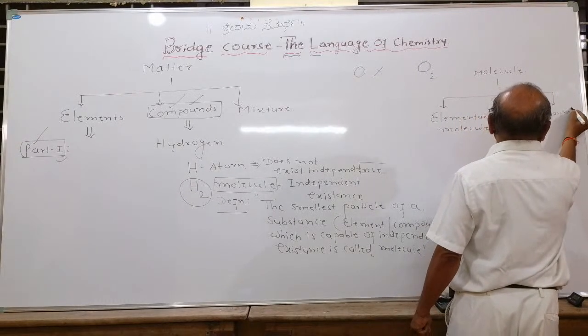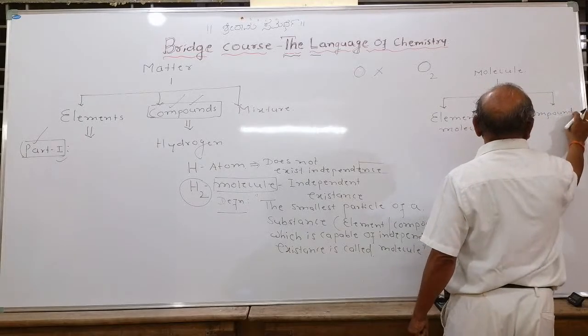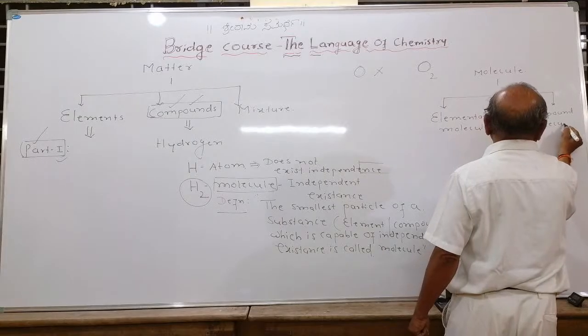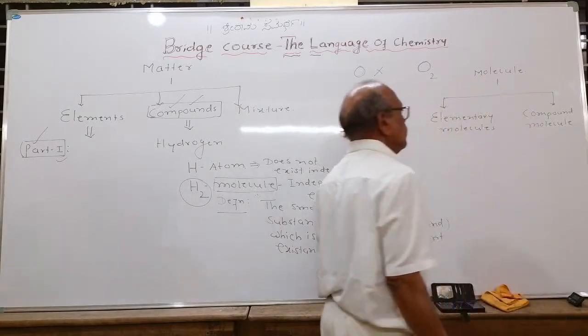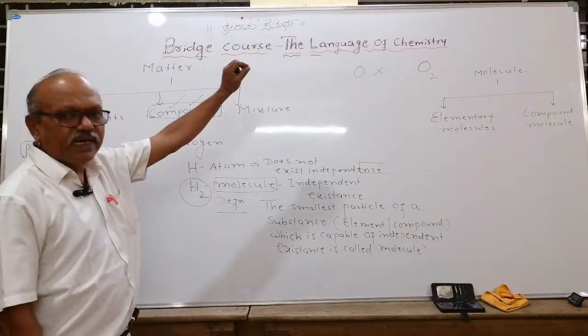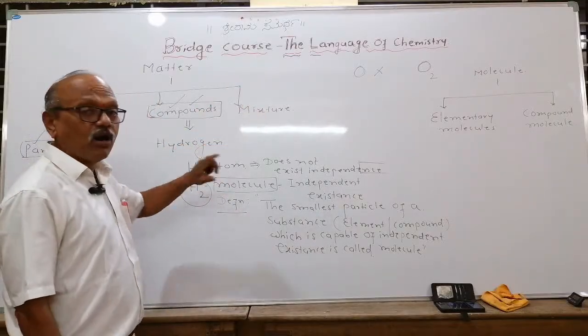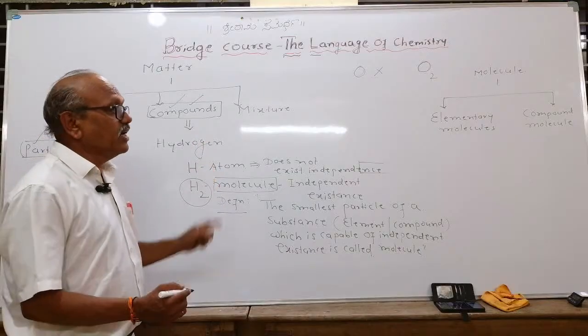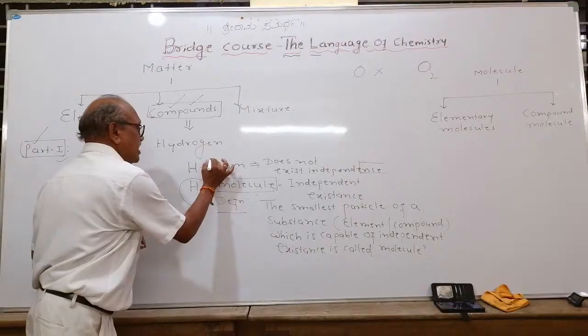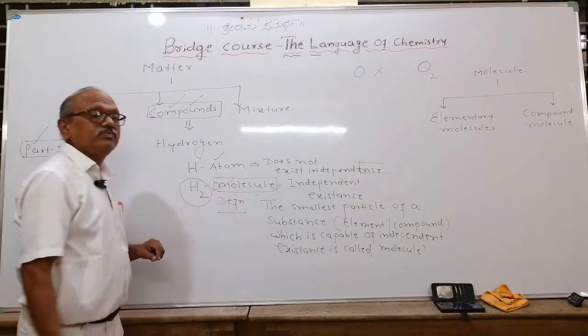Note down, I am teaching you in depth. Compound molecules will help you later in 11th standard. Step by step, in depth, in detail, I will teach you. Half knowledge is always dangerous. Try to take a complete knowledge of basic things. First of all, understand the difference between atom and molecule.